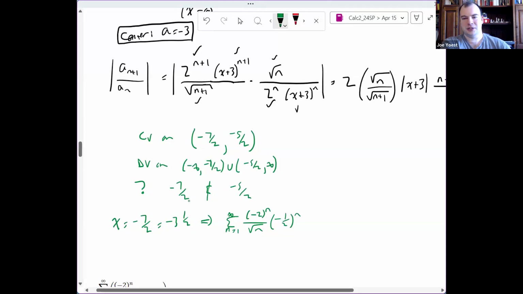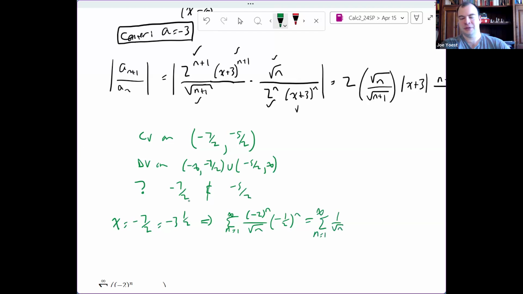Or this is 1 over negative 2 to the n times 2 to the n. This is sum n equals 1 to infinity of 1 over root n, or we could think of this as sum of 1 over n to the 1/2 power. Seems like 1/2 is the theme of this problem.